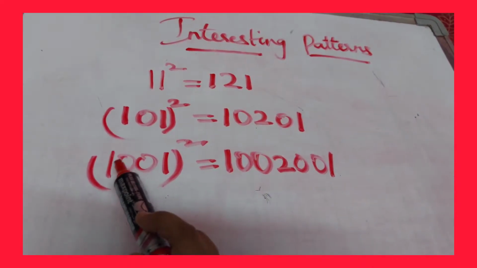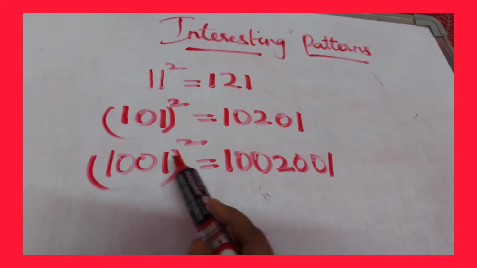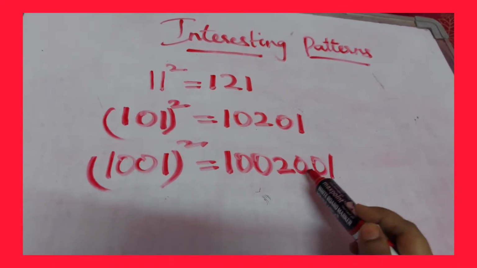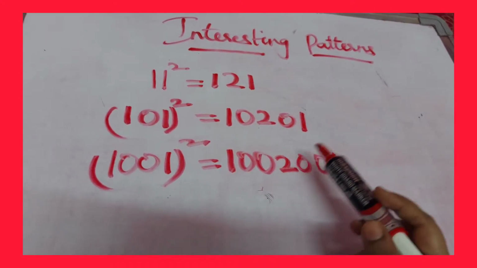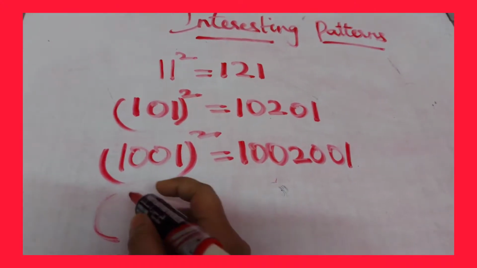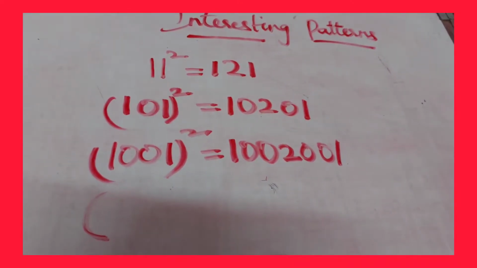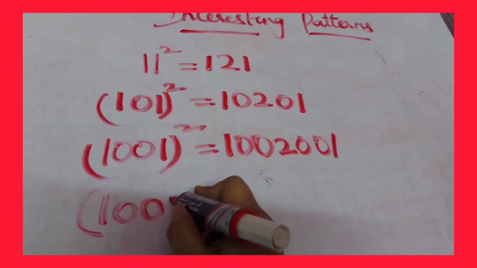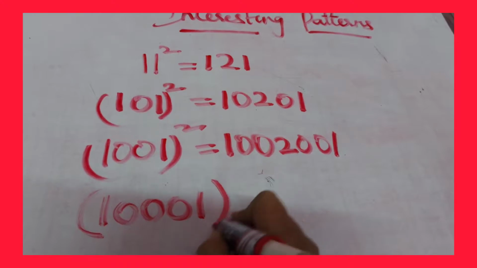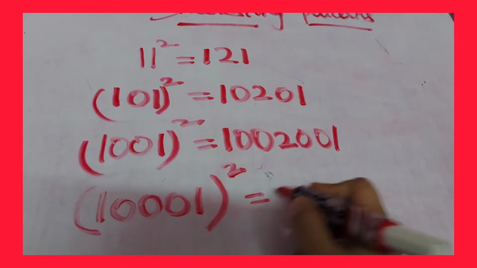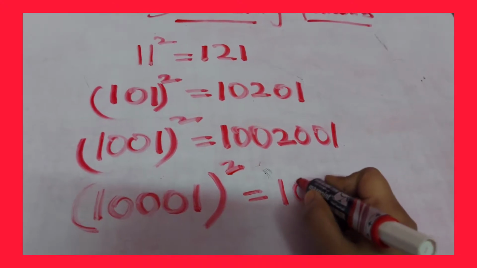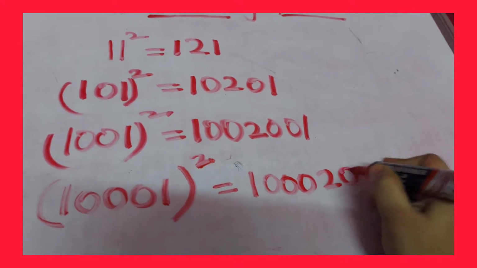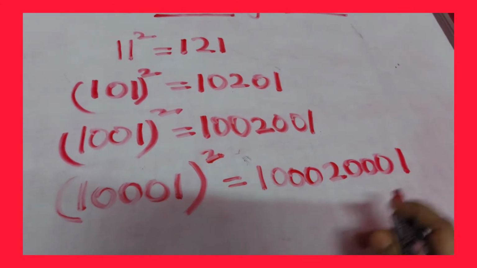If you take 2 zeros, 1 0 0 1 whole square, then after 1 you write 2 zeros, before 1 2 zeros, and 2 you keep in between. If I take 3 zeros, 1 0 0 0 1 whole square, then 3 zeros after 1, then 2, again 3 zeros, again 1.